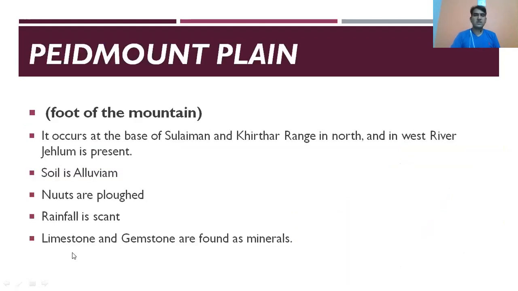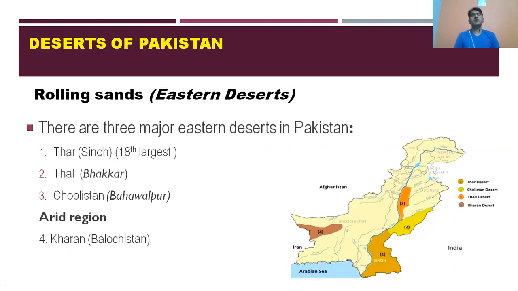So this was all about the physical features of Pakistan. I hope you understood, because it was full of knowledge and very interesting facts. We discussed the different physiographic features of Pakistan: mountains, deserts, plateaus, rivers, deltas.